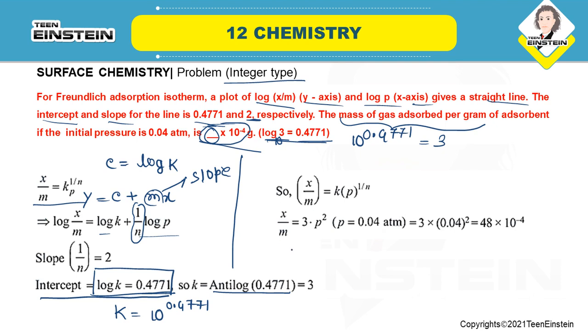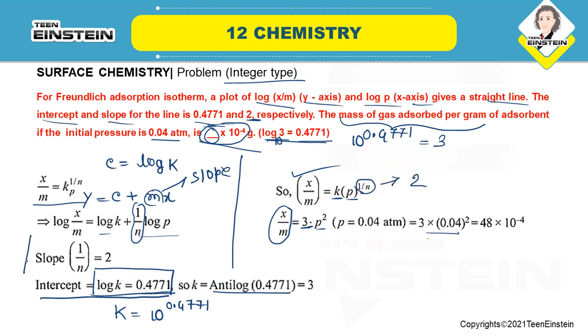Now x by m, this value we have to find out. So we are using this equation again, and we have written the value of K, which is 3, and the initial pressure is given as 0.04. So it is written as 3 into 0.04 whole square. Okay, and 1 by n value is directly given, which is 2.